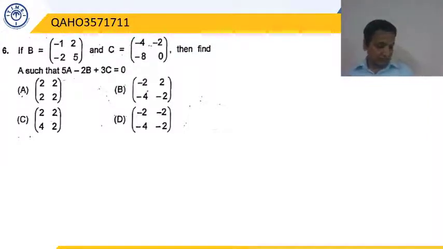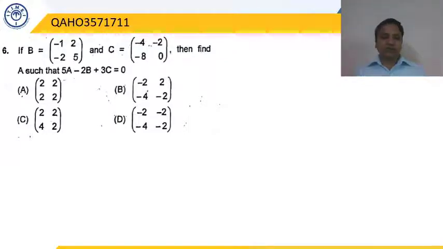Question number 6 of handout 1611. It says if B, a 2 by 2 matrix, and C, again a 2 by 2 matrix, are given, then we have to find the matrix A such that 5A minus 2B plus 3C is equal to 0.